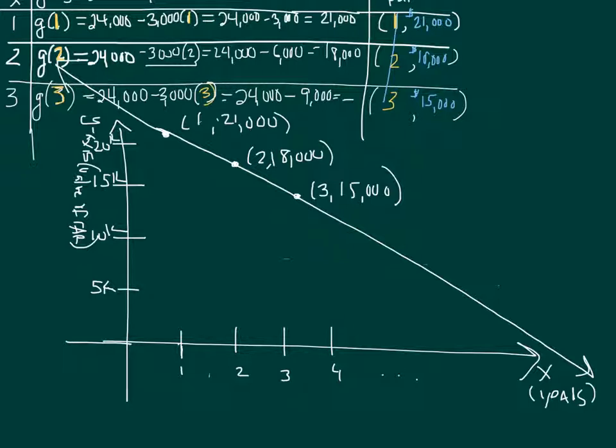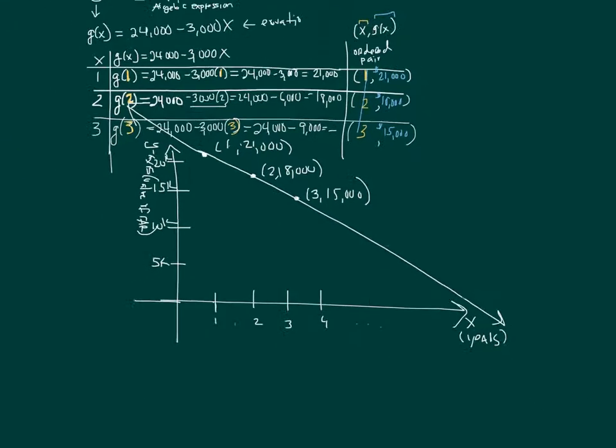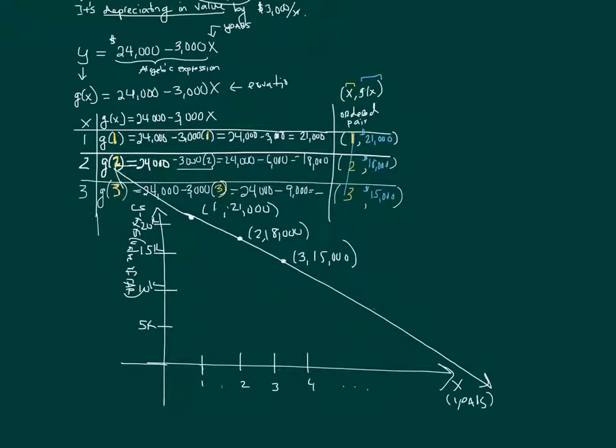And that is the graph of this equation, hopefully it makes sense. This line is decreasing. The more years that go by, the lower the value of the car gets. And I think one of the problems in your entrance problem, I think we asked after how many years will the car's value be $9,000.